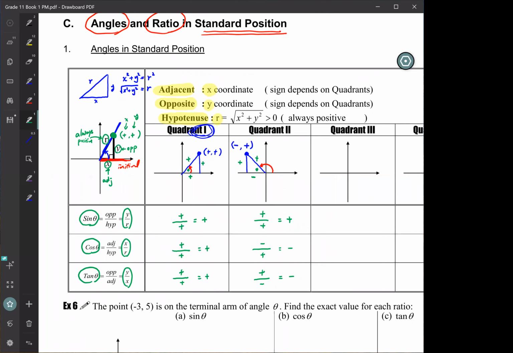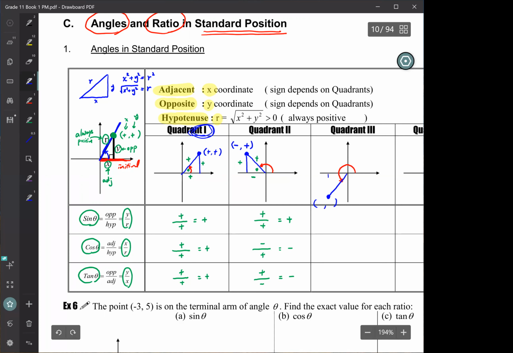Okay, so I'll help you out drawing the picture for quadrant 3, and you start to complete the rest of the chart, okay? So quadrant 3, it will turn to here, right? That will be quadrant 3. So your terminal arm will be stopping somewhere here, have a point there. So now it's your turn. You think about what the signs are, okay, by yourself.